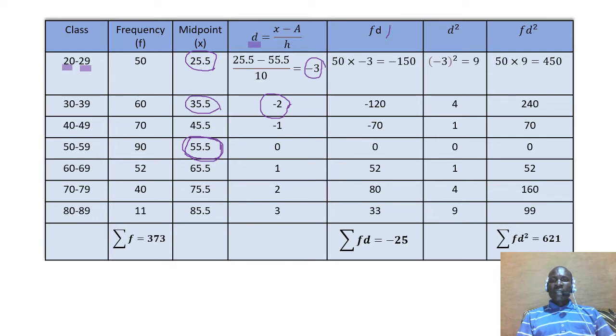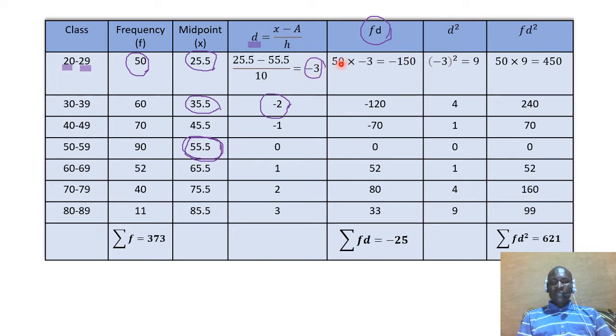Now, the next column that will guide us through getting mean and standard deviation is known as fd. fd simply means take the frequency times the deviation, the value of d. Look at this column. In our first class, 20 to 29, f is 50, also known as the frequency. We take 50 and multiply by this d of ours, which was -3.